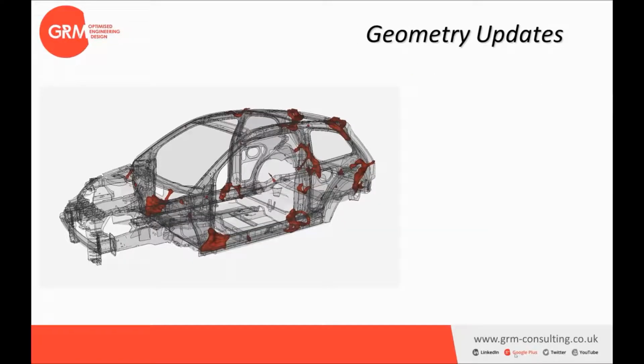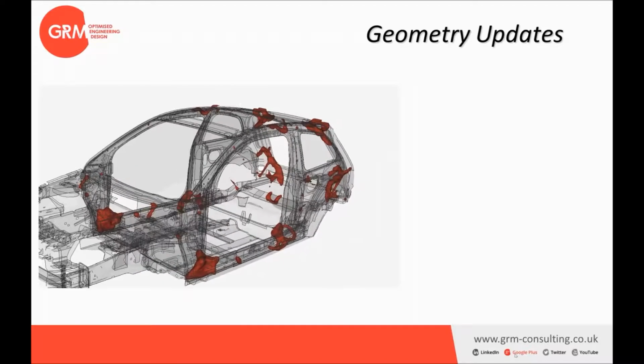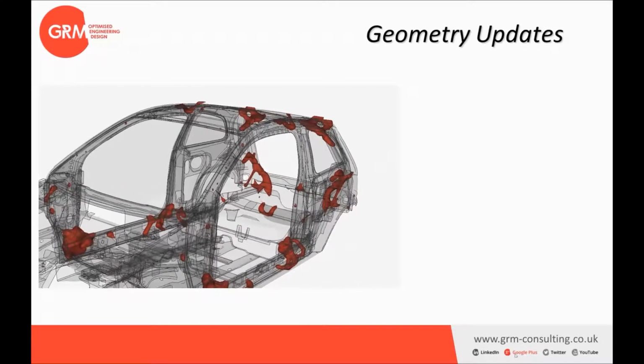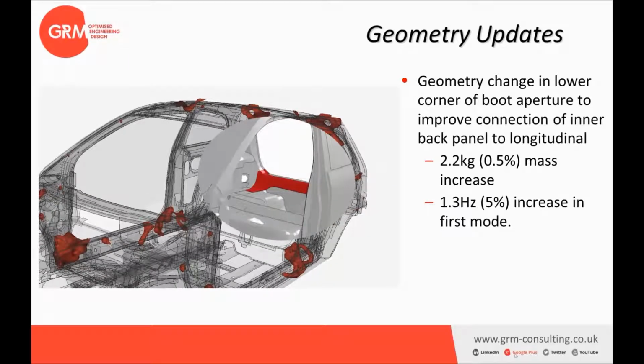Looking at the lower corner of the boot aperture, we have tried to improve the connection of the inner back panel onto the longitudinal one in order to improve the load flow between those two parts.